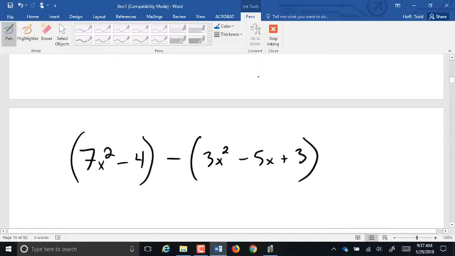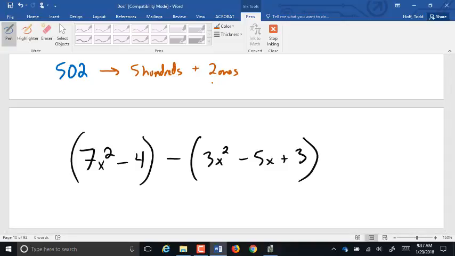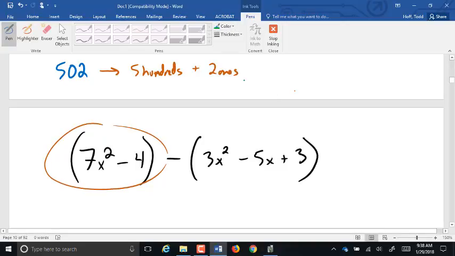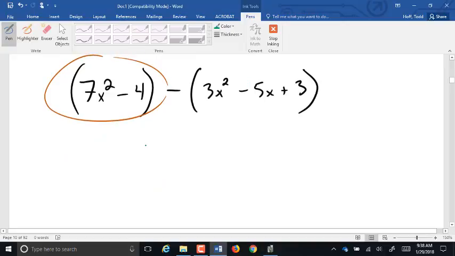What it is, there's an analogy between that and this. 502, if we were to write that out in expanded form, we would write 500s, or 5 times 10 squared, plus 2 1s. We would not write plus 0 10s, would we? Because we don't need to. But it is still there. If we're going to add or subtract with it, we have to have it in there, don't we? Same thing happens here. We don't write the 0 x's in there, but that place value is still there.